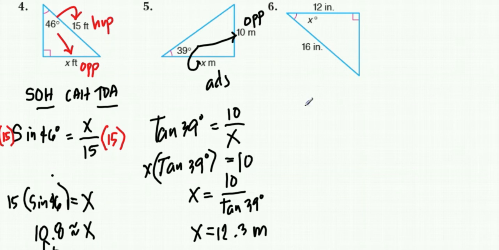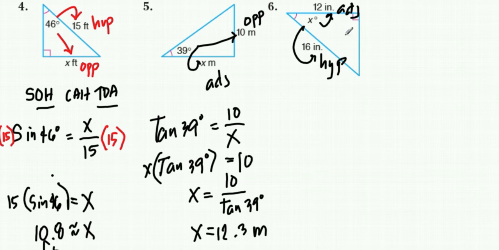And lastly, let's take a look at example number 6. We want to find the angle x. Again, we ask ourselves, how are 12 and 16 related to angle x? In this case, we know that 12 is the adjacent side of angle x and 16 is the hypotenuse.